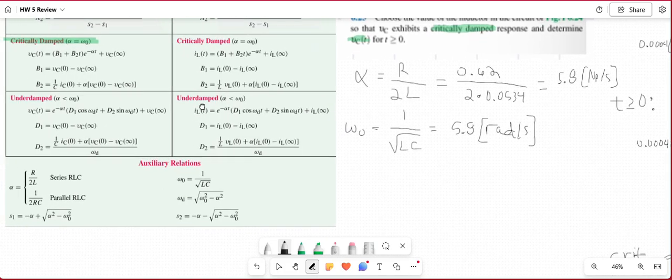All right, now we can do this equation. So VC equals B1 plus B2 T e to the negative alpha T plus VC of infinity.